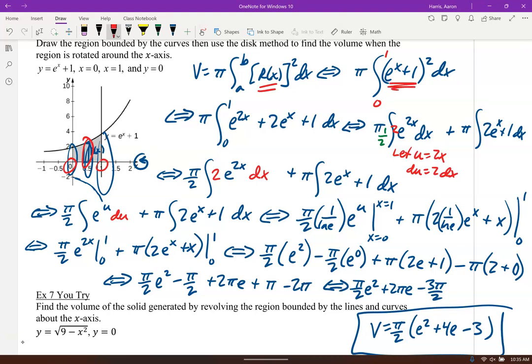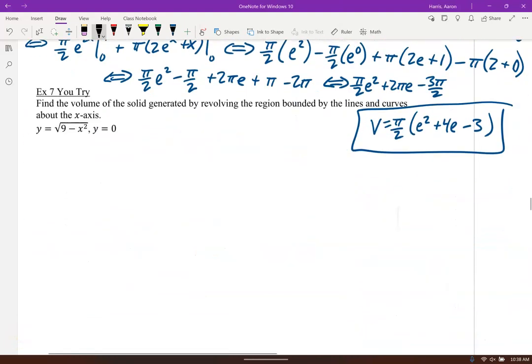It goes down to that x-axis. That's that height or radius of the disk that we're spinning, so it'll be squared. And then we're going from x being 0 to x being 1 over here. And then it's just a matter of cleaning that up. You can pause it here if you need to before we move on.